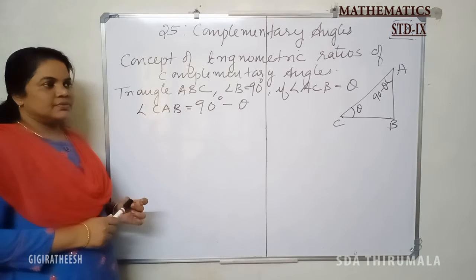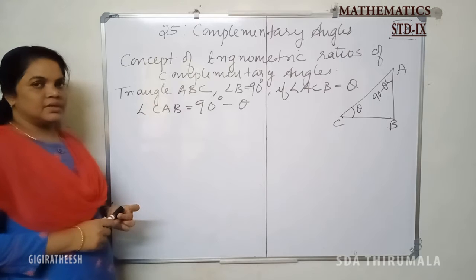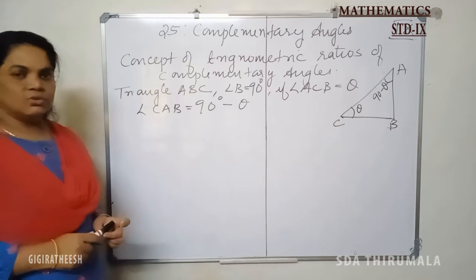If two acute angles are said to be complementary, the sum of those two acute angles is equal to 90 degrees.